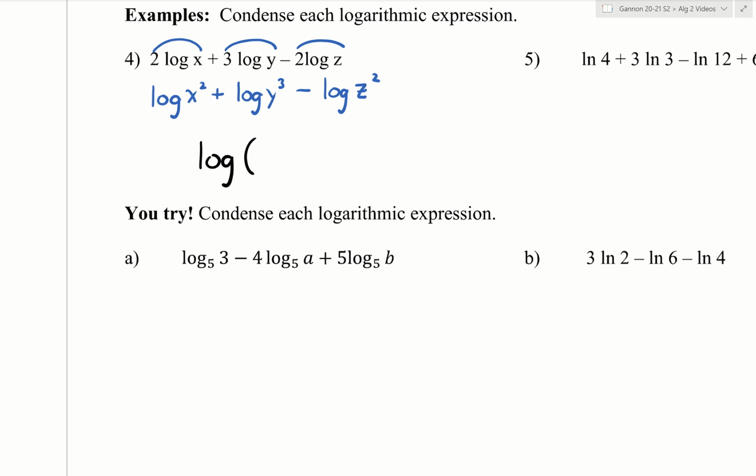So anytime the log is positive, that expression is going to go in our numerator. So x squared and y cubed are part of our numerator, and we subtract when we're dividing. So any log that's negative is going to go on the bottom. So this becomes log of x squared y cubed over z squared.